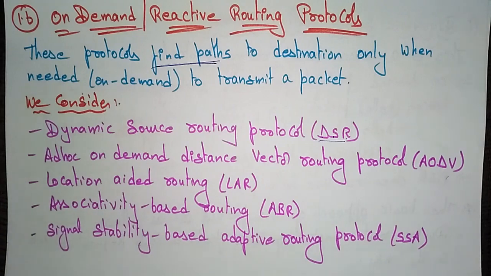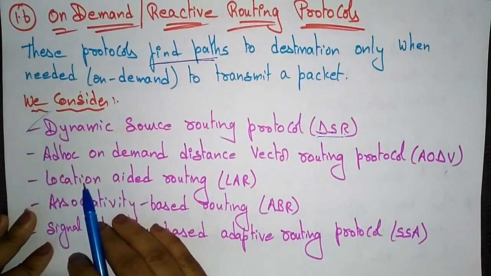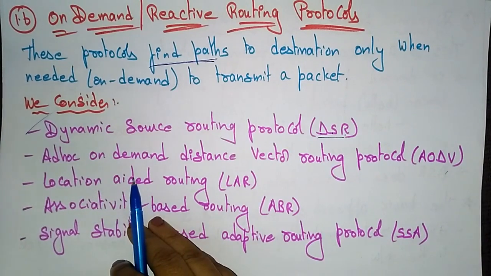There are still many on-demand routing protocols. Whenever they ask questions, try to explain a minimum of 2 routing protocols, based on the marks they are providing. Okay, so let's see the first one, that is the dynamic source routing protocol, which is on-demand.